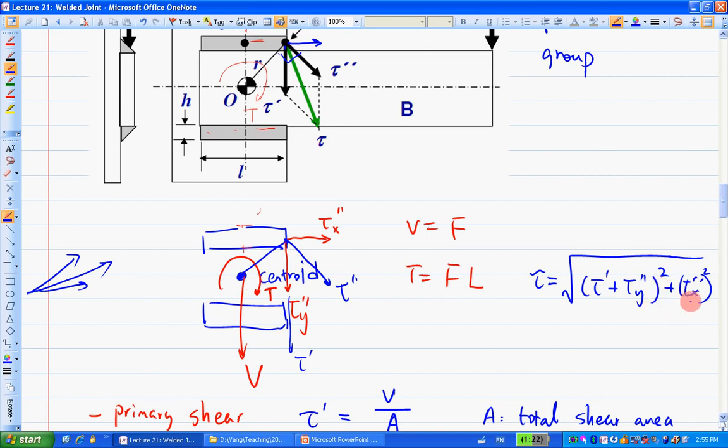So the question here is, what will be tau x double prime and what will be tau y double prime? Tau x double prime is the shear stress in this direction. Remember, which one caused the tau x double prime? T caused it.